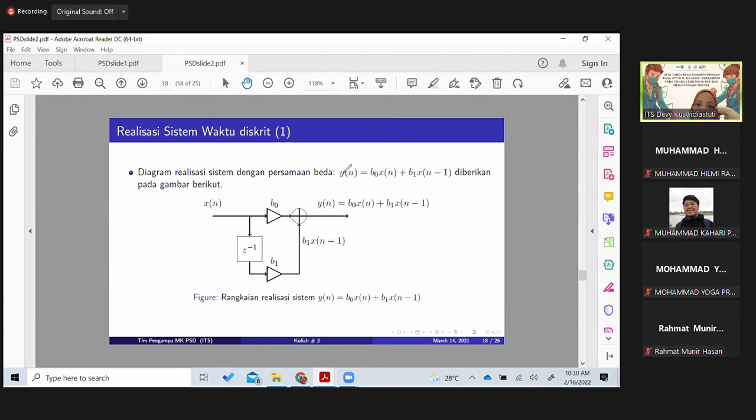For example, we have a system described with a differential equation yn equals b0 xn plus b1 xn minus 1. We could see that we will need a shift register based on this knowledge here, and then we will need a multiplier because of the constant numbers b0 and b1.